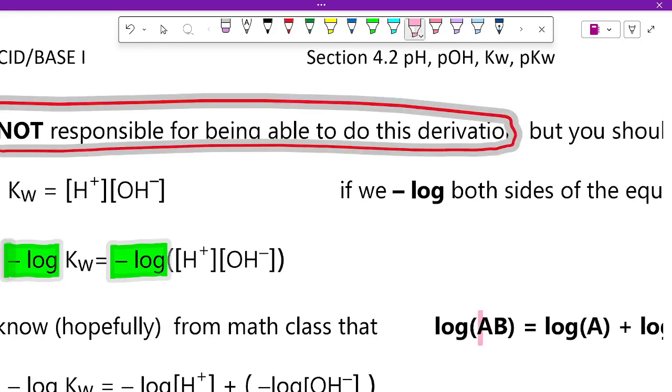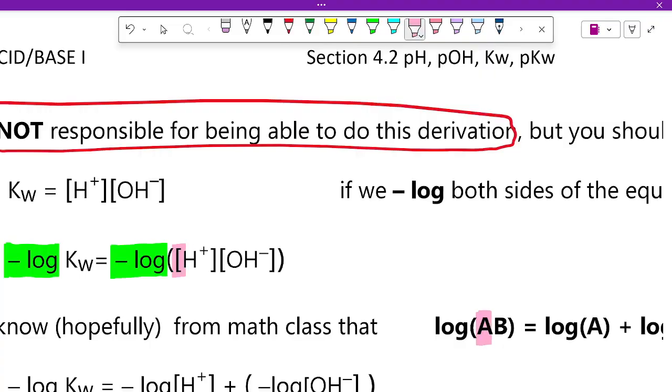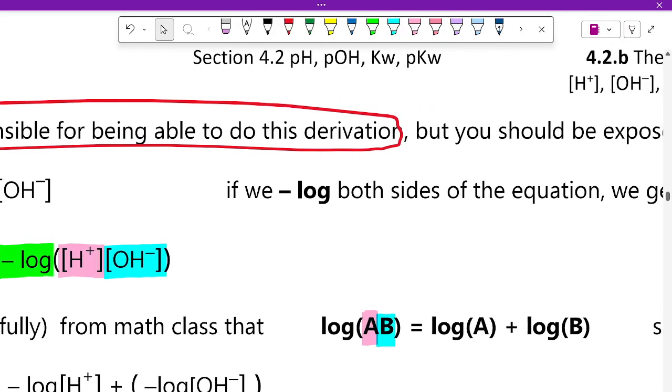So we have an A, and we have a B. And if you remember your log rules, what is the log of A times B? Log A plus log B. So we're going to apply that log rule.